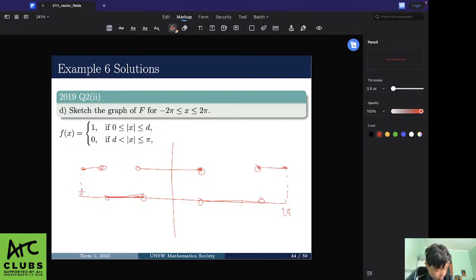We have 2π here, and then we have −π − d, then we have our −d here, we have our d here, we have our π + d here.